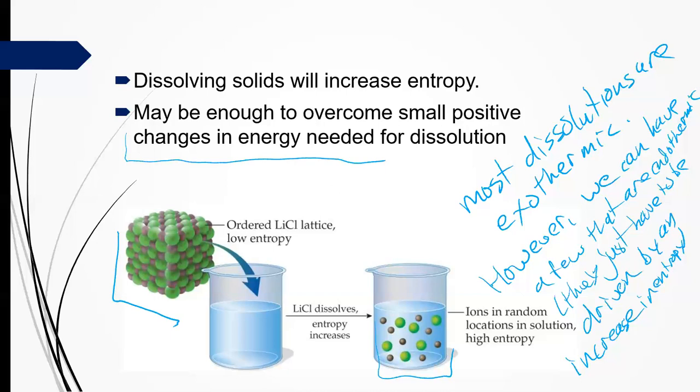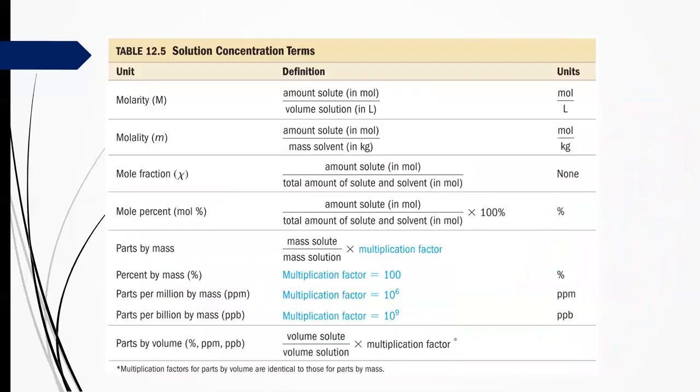Now that we know how solutions form, we're going to talk about the units for solutions. Units for solutions come in a lot of different ways, and so we do need to know these. I'm going to highlight the important ones. We should already be familiar with things like molarity, but that's going to be coming back, and so we should feel more comfortable with it. We're going to introduce a new one called molality, mole fraction. We also get something that's mole percent.